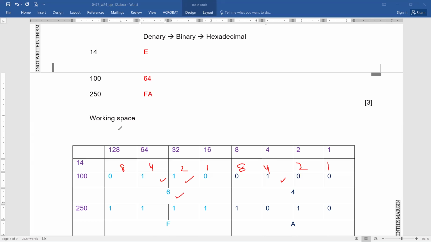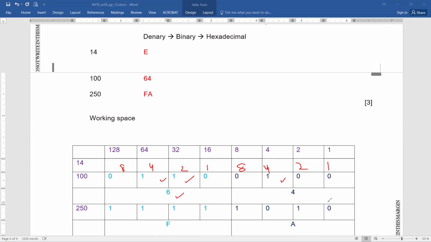Okay. Now 250. If we apply the same principle, we have found the binary for 250, and we have turned on all the bits except for 4 and 1, and we got this answer.